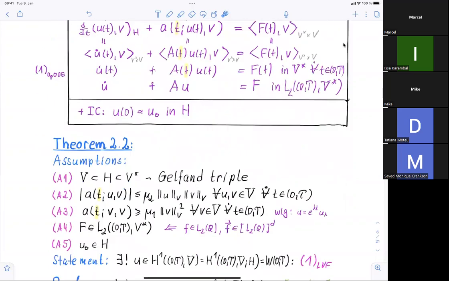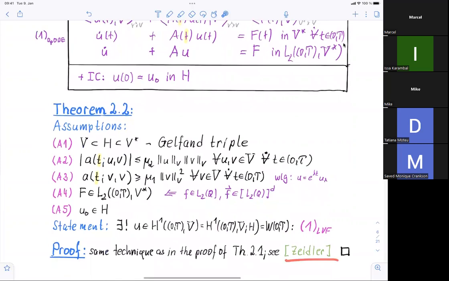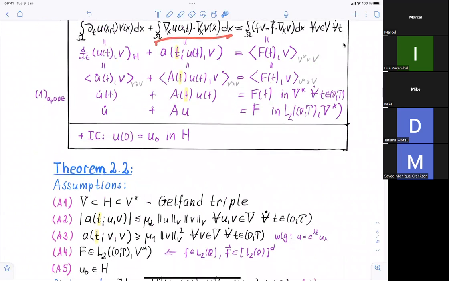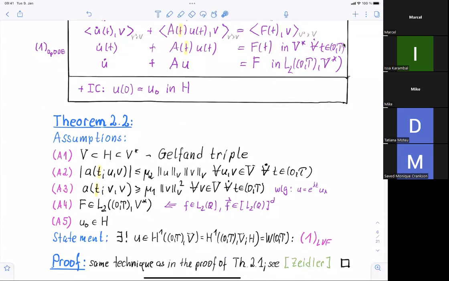And this is a theorem you find in Zeidler's book. It must be a Gelfand triple. This is a Gelfand triple, H10, L2, H minus 1, V star. You need the boundedness of the bilinear form coming from the elliptic part, this one here, which is clear for almost all t if t-dependent; in my case, it's not t-dependent. And then you need ellipticity.